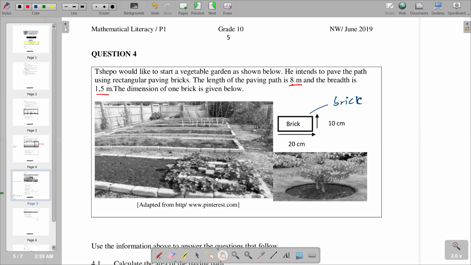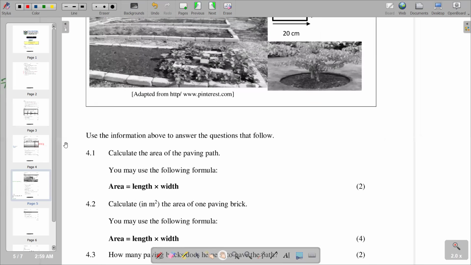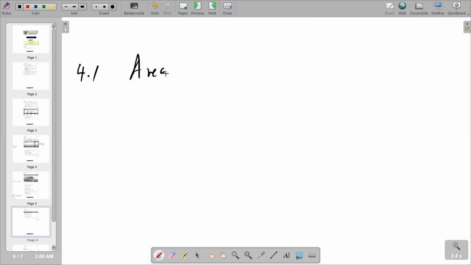So according to our question, we are going to start by putting down our formula. Remember we are looking at our 4.1. Our formula says area is equal to length times width. So we are saying area is equal to length times width.